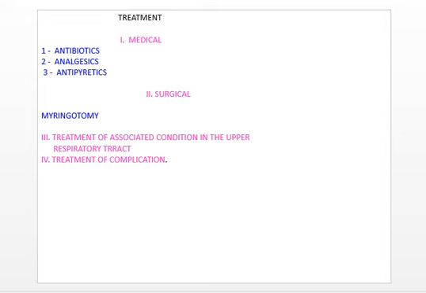Analgesics combat pain and inflammation. We can give the patient analgesics. Most of the time given orally, the analgesics are sufficient to combat the pain of the patient and also to decrease inflammation. Antipyretics, most of the analgesics are antipyretics also, like paracetamol, like ibuprofen, or drugs like that.